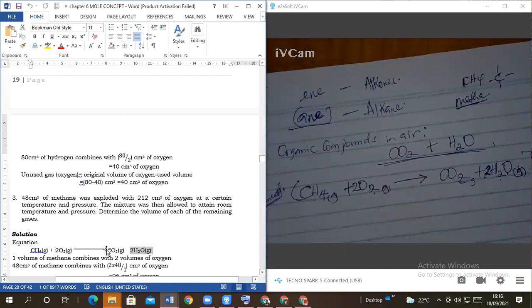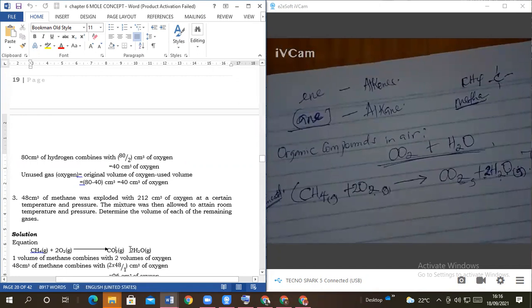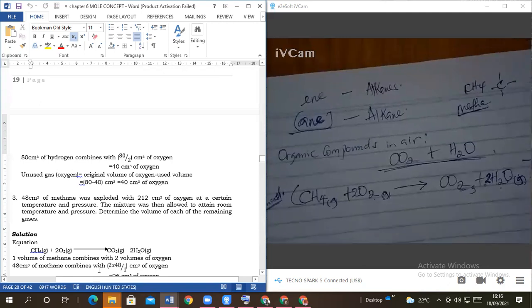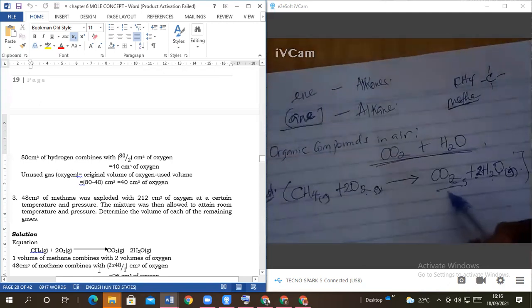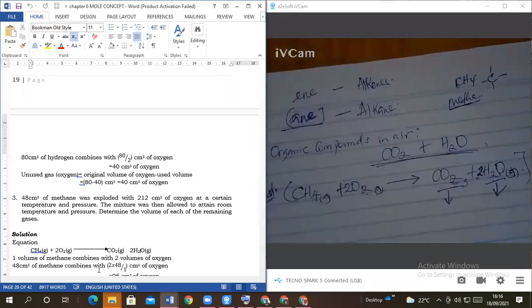All these are in a gaseous state, and this one will remain unused. Even the water vapor at gaseous state will remain a gas. Is it used? No. These are the end products of burning. So this one will remain unused, even this one will remain unused.